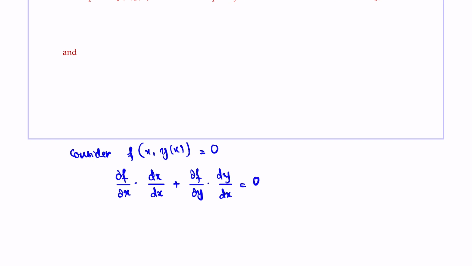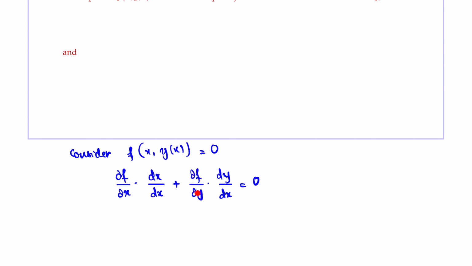So the left-hand side is because we apply the chain rule for a function of one variable. In this case, the independent variable is x by the assumption. That's why you get partial f partial x, because f is a function of two variables x and y, therefore the partial derivatives. You multiply with dx/dx because the independent variable in this case is x only.